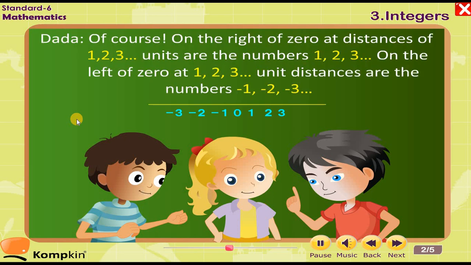Dada, of course. On the right of 0, at distances of 1, 2, 3 units are the numbers 1, 2, 3 and so on. On the left of 0, at 1, 2, 3 unit distances are the numbers -1, -2, -3 and so on.